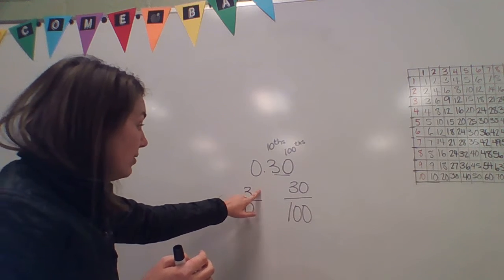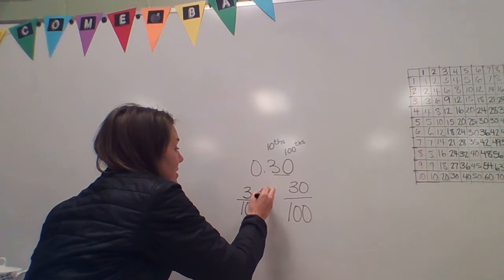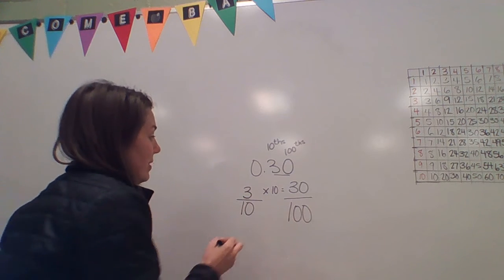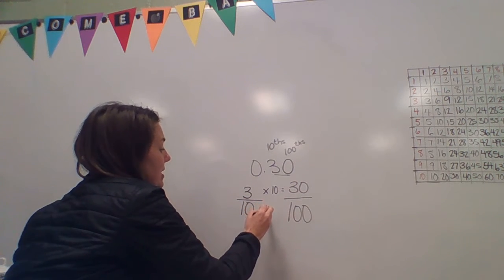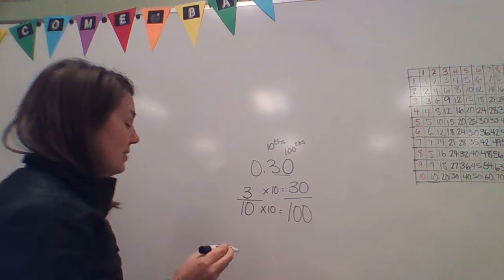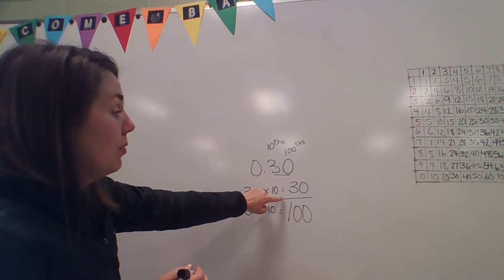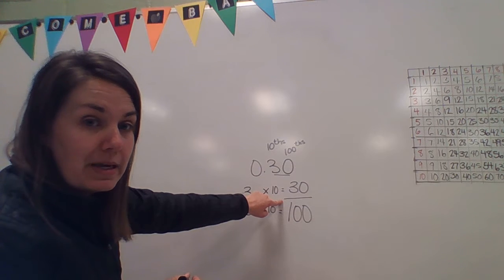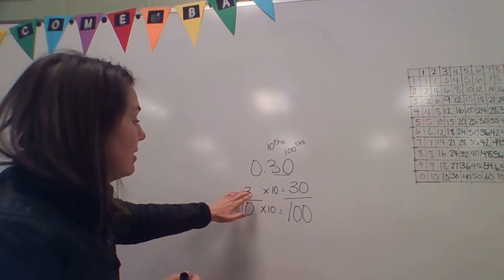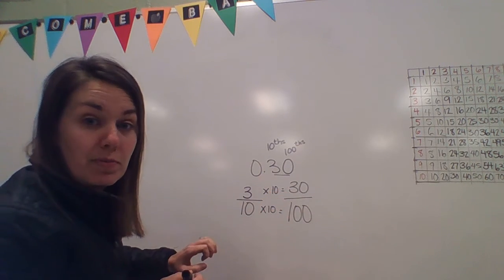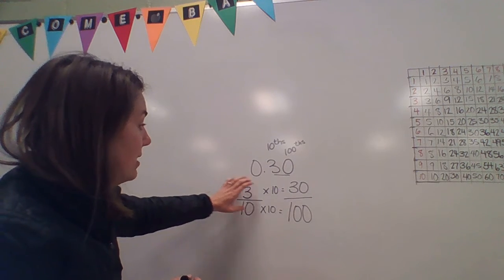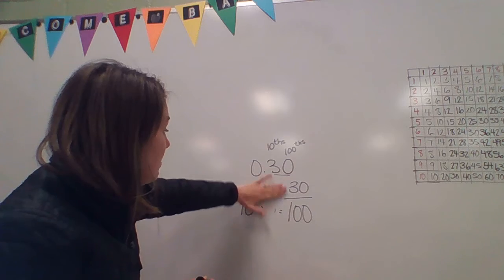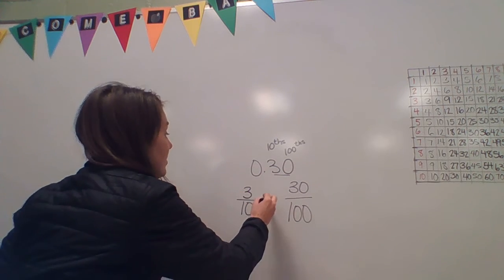So 3 times 10 would give us 30, and 10 times 10 gives us 100. But we're still dividing because we still have our fractional piece. We see that we are still dealing with our multiples of 10 because we have 3 tenths and 30 hundredths. They would actually be the same thing.